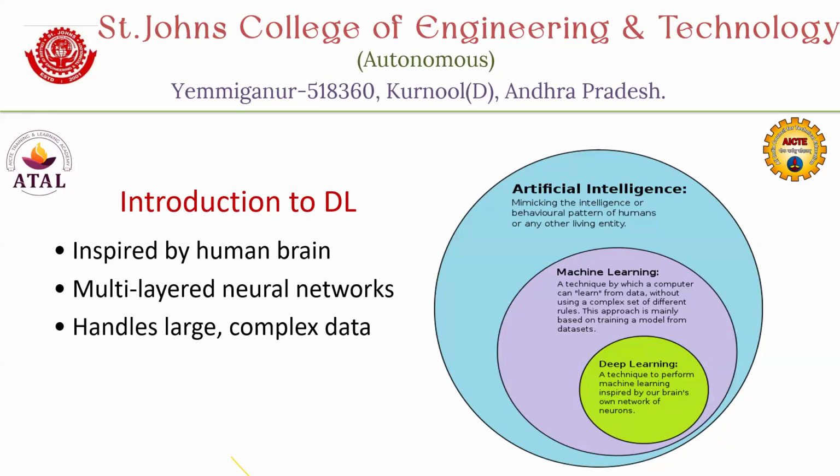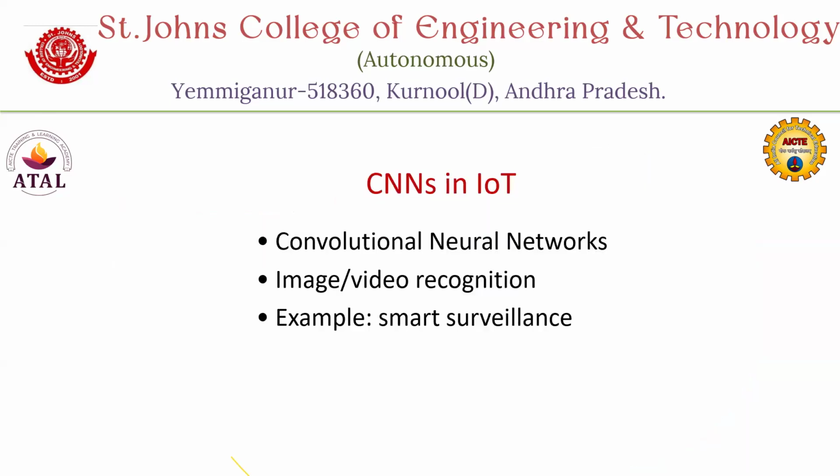So without these deep learning algorithms, it is very difficult for us to handle such large data. Basically, deep learning is inspired by the human brain. In deep learning networks, we mainly have the convolution neural networks, which act as the heart of any deep learning algorithm.